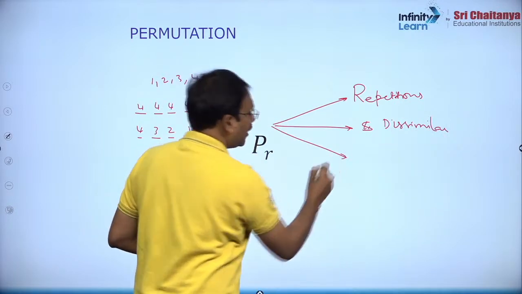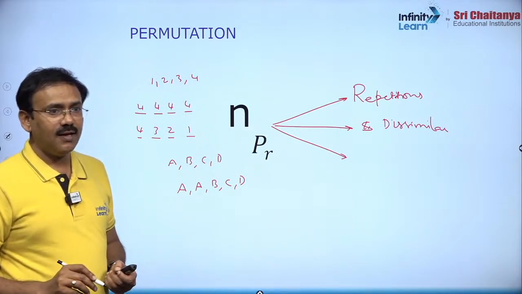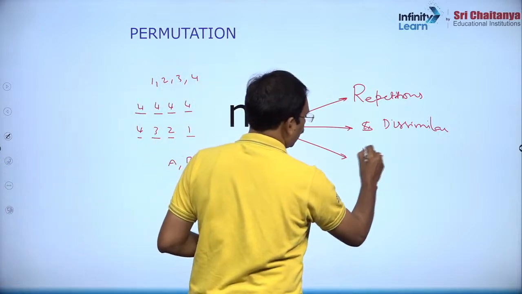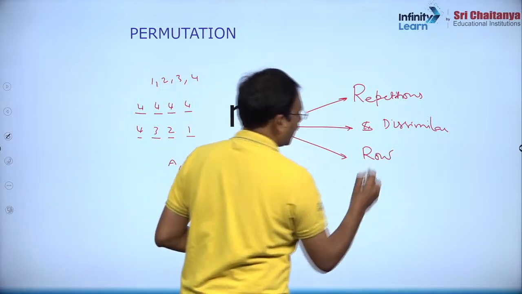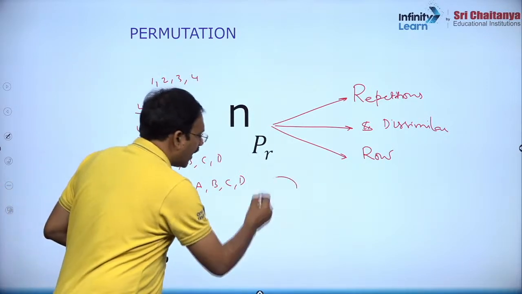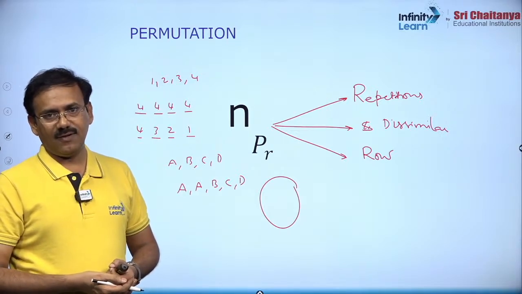Next, third point, my dear friends: do remember you are arranging in a row. If not a row, what is the other way? Suppose you arrange in a circle, the number of arrangements will vary.